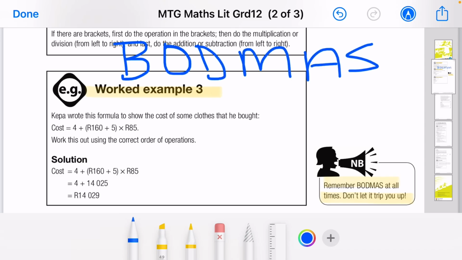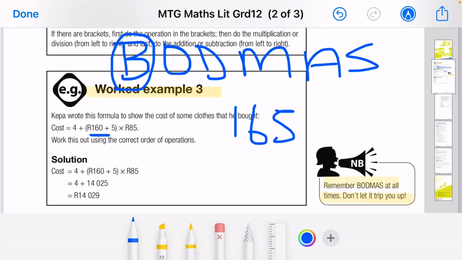BODMAS. Okay. So, ladies and gentlemen, let's have a look. Obviously, we've got the brackets. Can you see, guys? If we've got the brackets, then we can work out what is inside the brackets, which means 160 plus 5, which makes it 165.